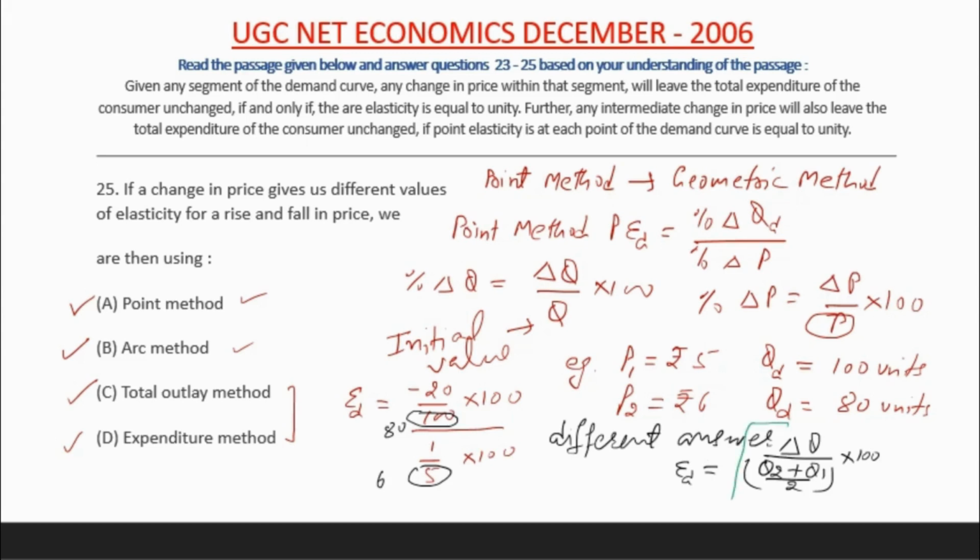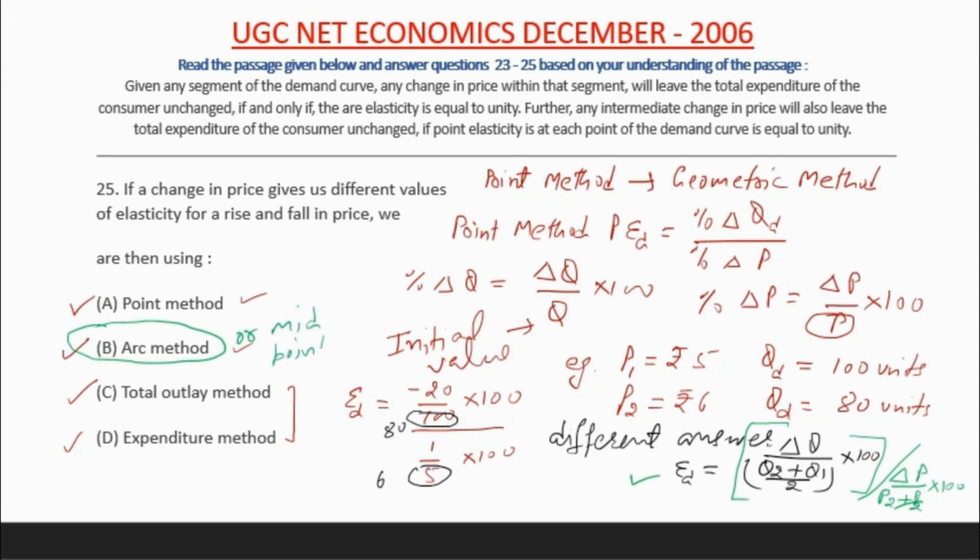Now you divide the entire thing by the same percentage change in price, but again you divide the absolute change in price by the average of price, P2 plus P1 upon 2, multiplied by 100. So this formula, this method, is called either the arc method or the midpoint method.